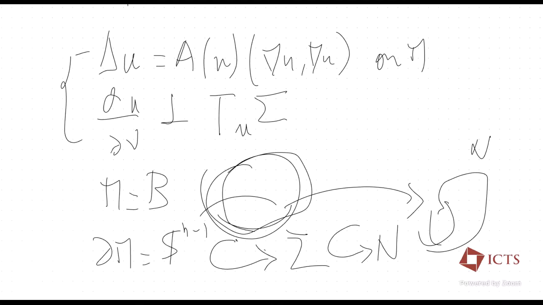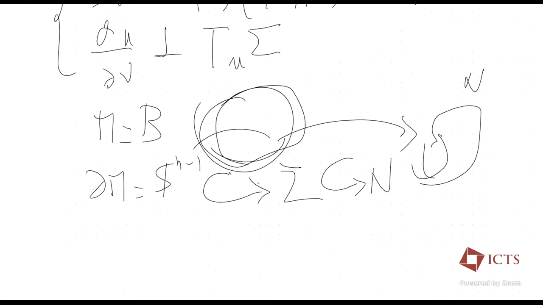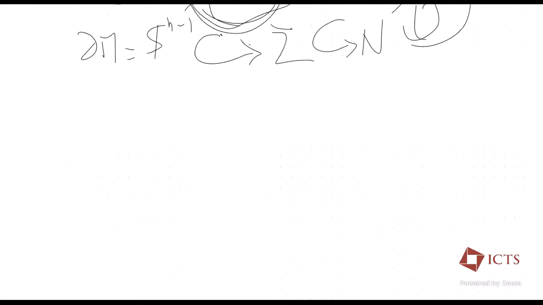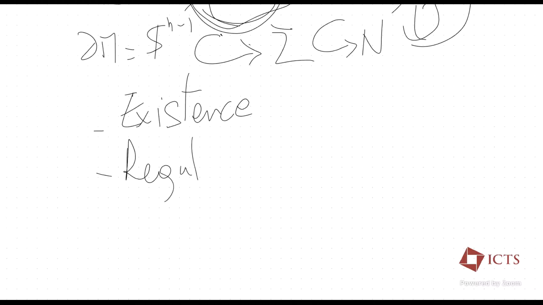This is really the new thing to investigate in this type of maps, and this is what I will describe in more detail next time: the existence and the regularity. As far as the regularity is concerned, we would be interested only in the boundary regularity.